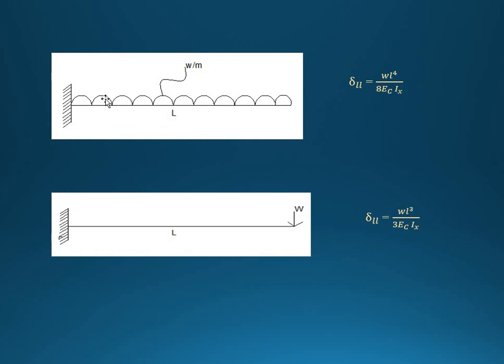The fourth case is a cantilever beam carrying UDL, delta LL equal to WL power 4 by 8 EC into IX. The fifth one is a cantilever beam carrying a point load at the end, delta LL equal to WL cube by 3 EC into IX.